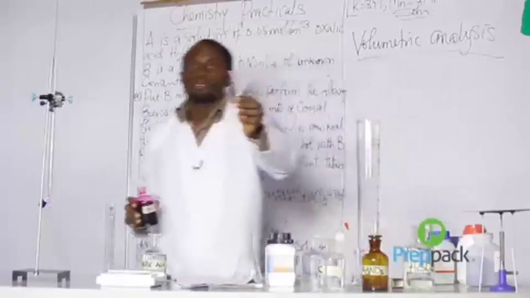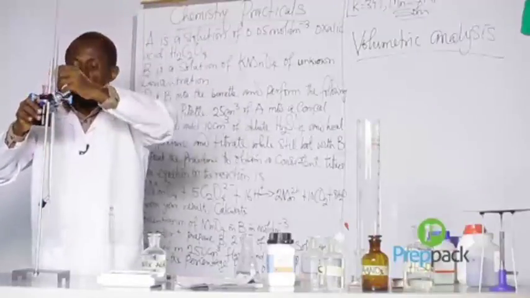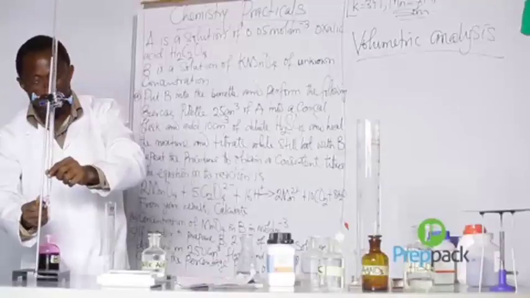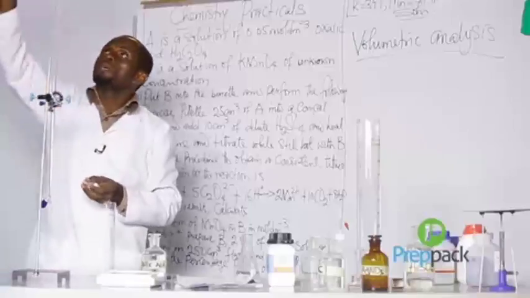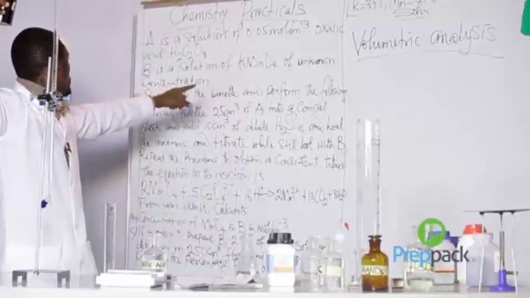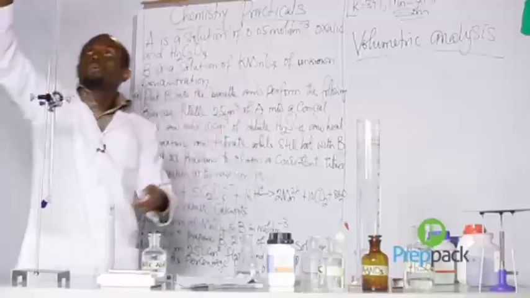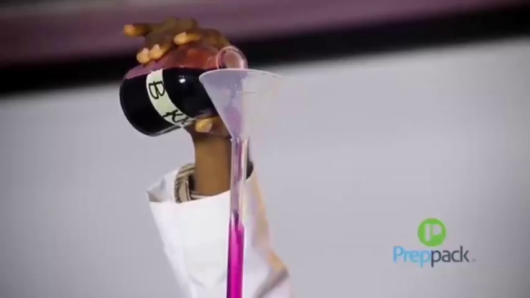This is my funnel. We use the funnel to pour the reagent into the burette. Before then, you need to check the burette very well to ensure that there is no leakage. Then this is B. The instruction says put B into the burette. So you need to pour this up to the mark.